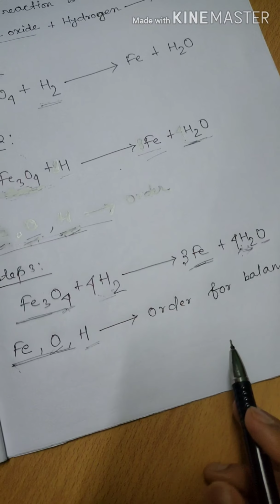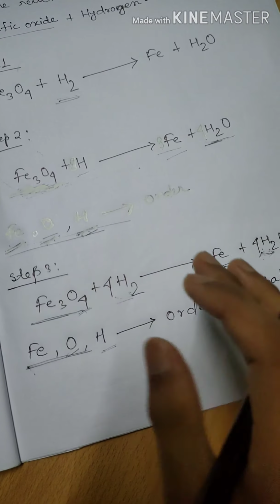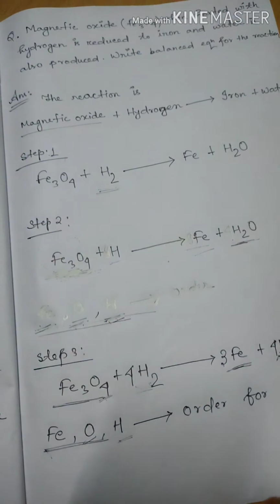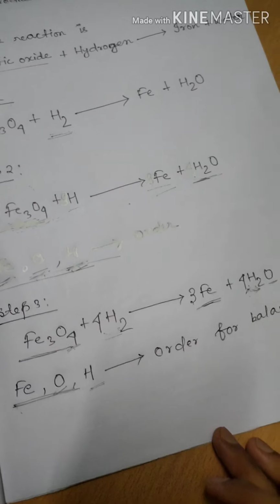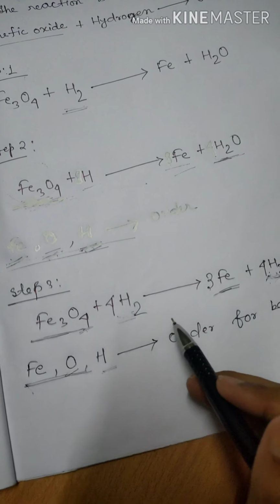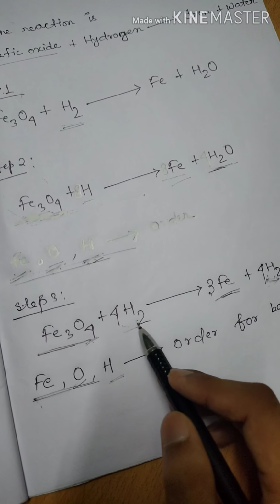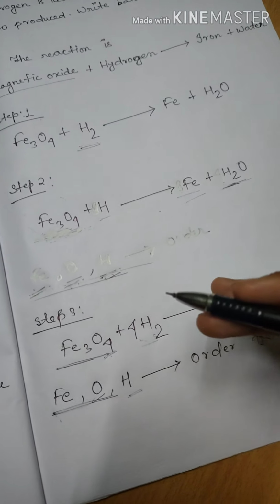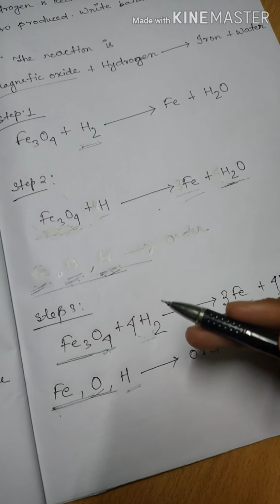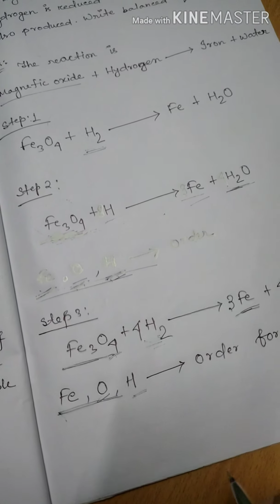Okay, so this is the balanced equation of this reaction. One thing: though we write this hydrogen atom in the atomic state, in the last we have to again write this hydrogen in its molecular state.